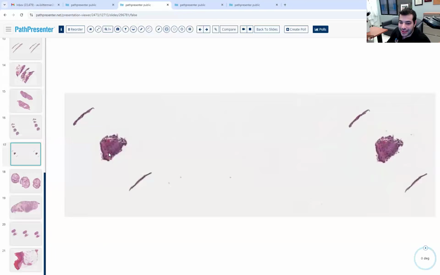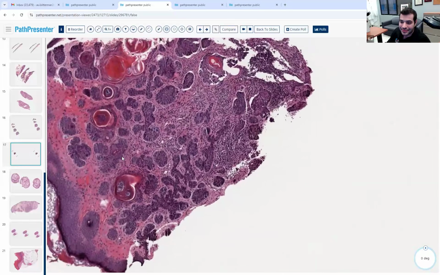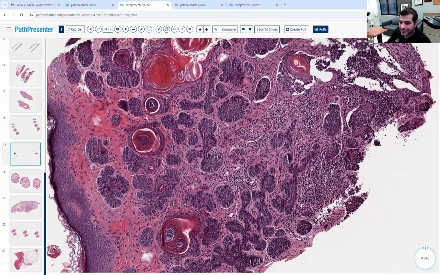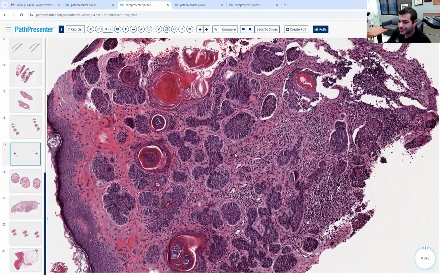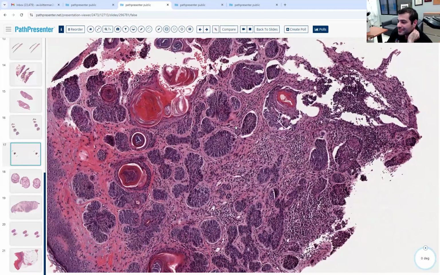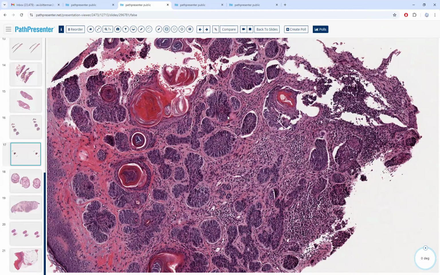Infundibulocystic BCC. Well, tell me what this is. Describe this for me. More retraction.